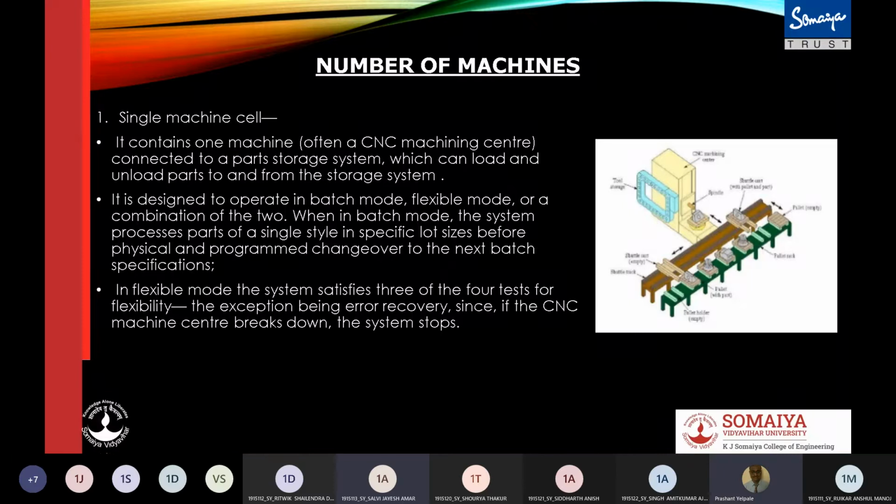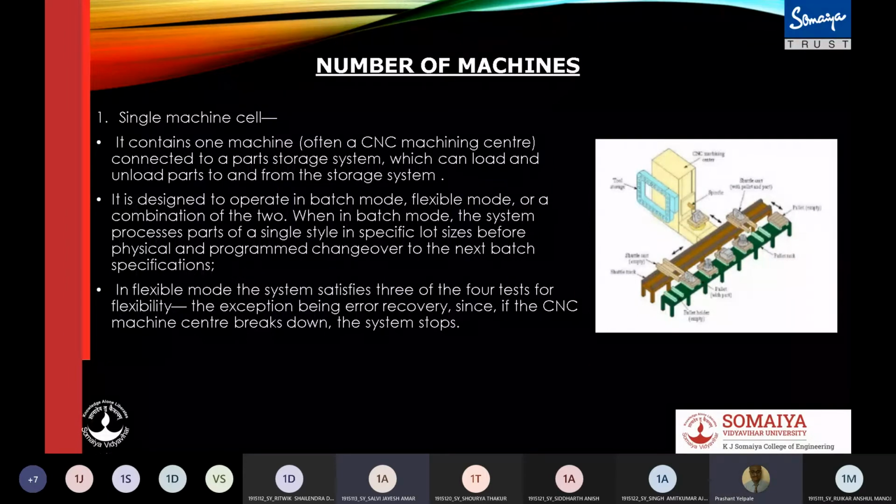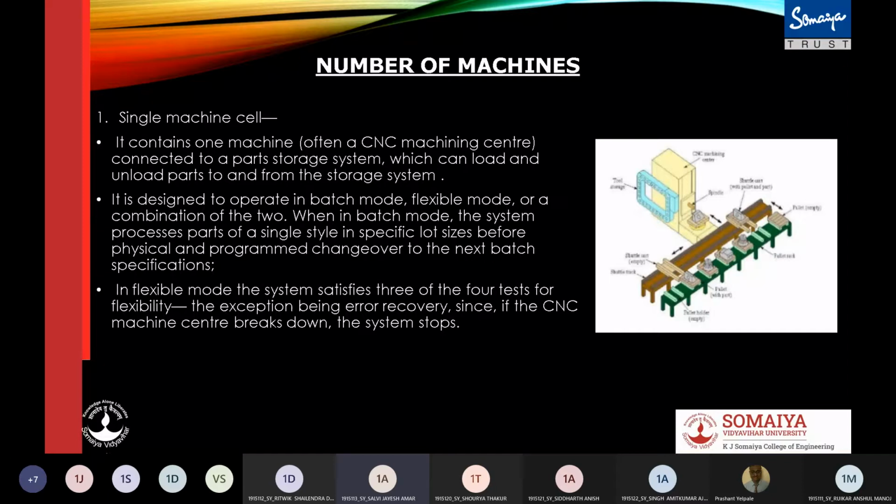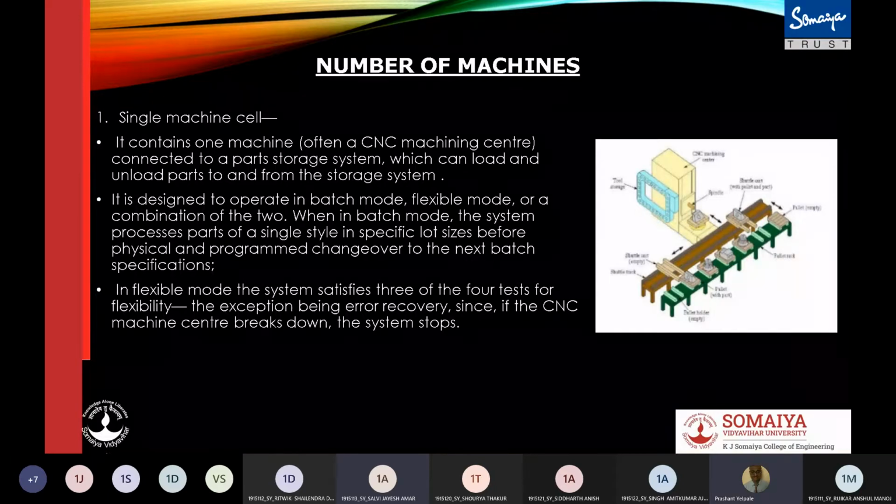In batch mode, the system processes a single style in a specific lot size before physical and program changeover to the next specification. In flexible mode, it satisfies 3 or 4 tests for flexibility. The exception being error recovery, because if there is a CNC machine breakdown, the system stops.